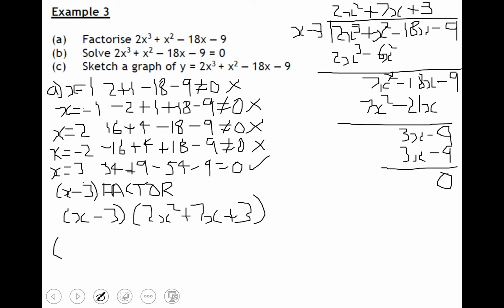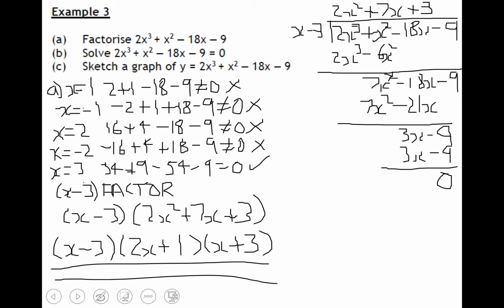Then factorising the quadratic, 2x squared will have to be 2x and x, 3 will have to be 1 and 3. If we put the 3 here, we'll get 2x times 3 is plus 6x. Put the plus 1 there, we get x times 1 is 1x, 6x plus 1x is 7x. That gives us our factorisation.